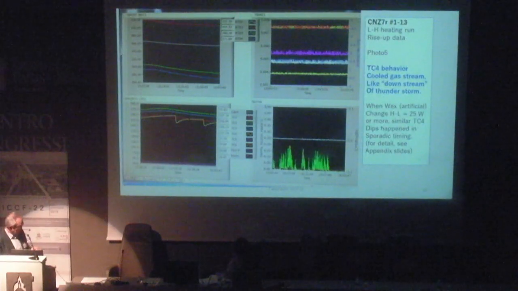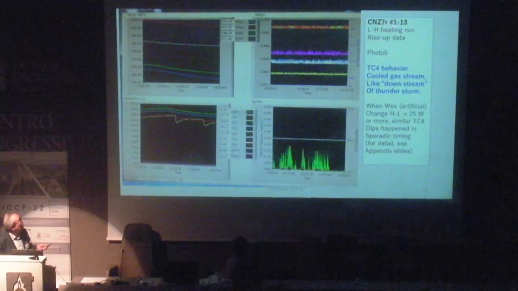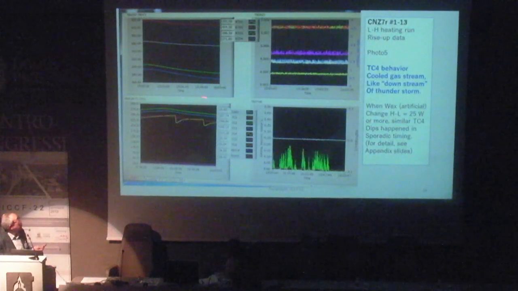And so we did a trial experiment changing the external heater power from low power to high power and alternately changing, and looked at what happens in the power output.